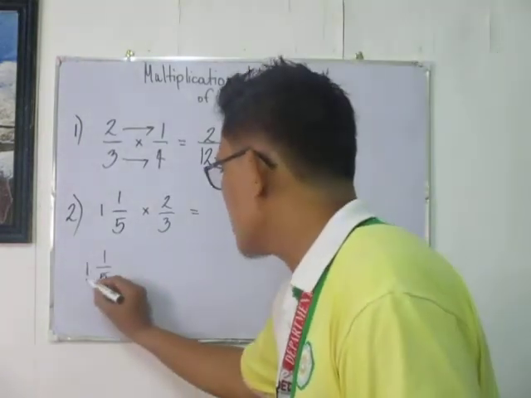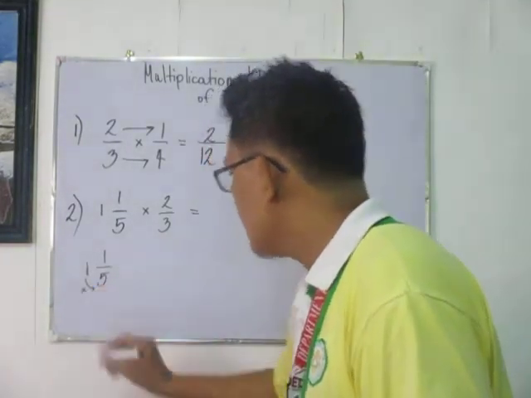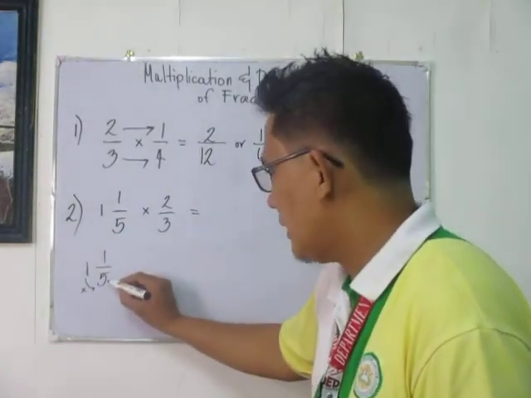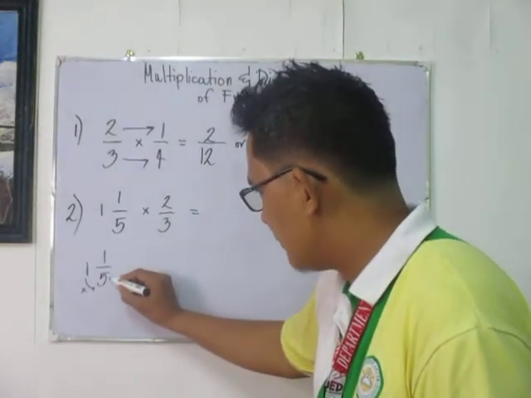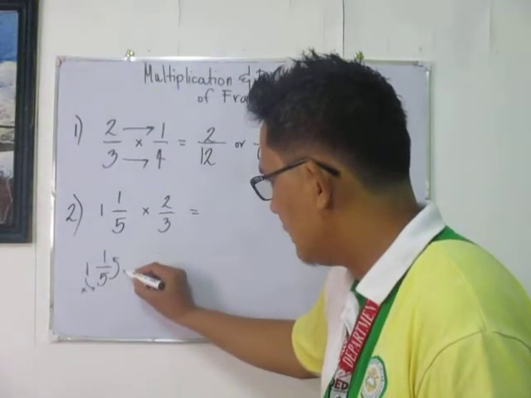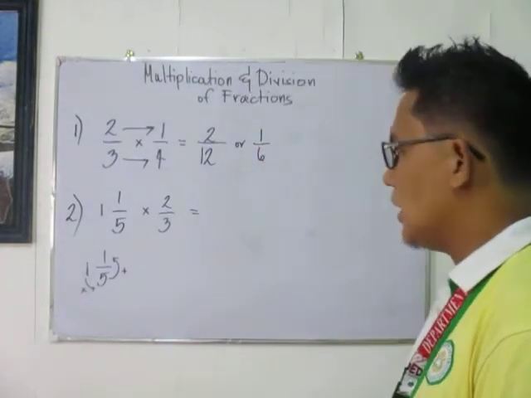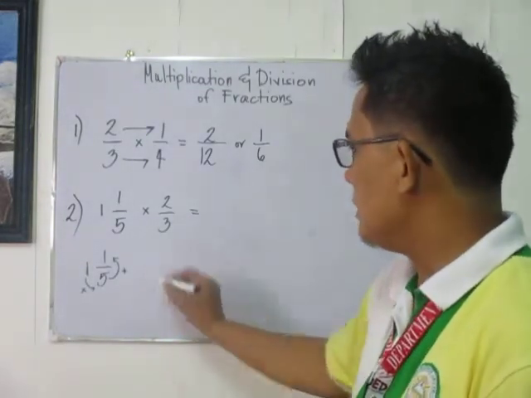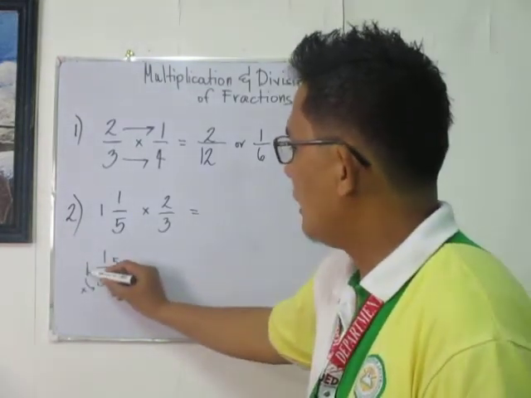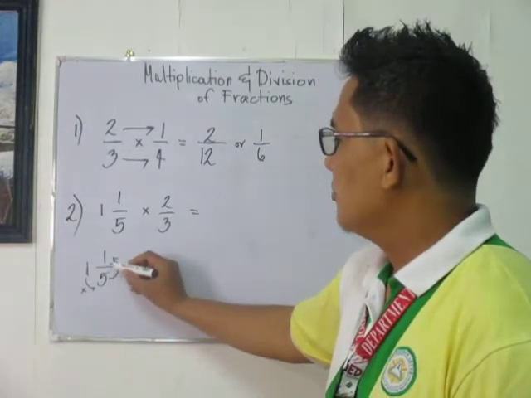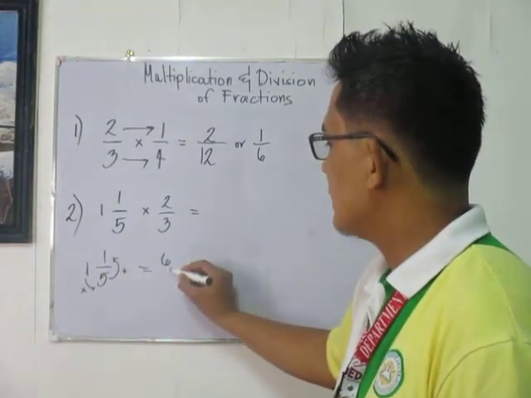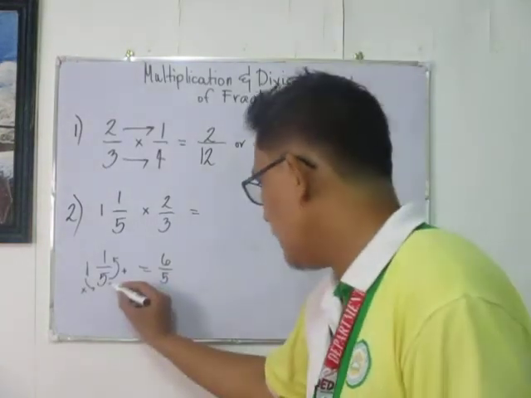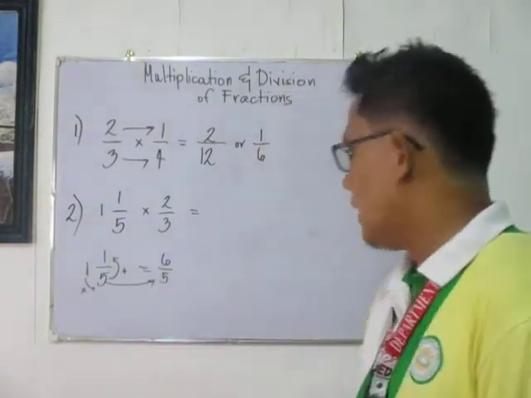So that is 1 times 5, and our product is 5. Then the operation is addition: add your product with the numerator, which is 1. So again, 1 times 5 is 5, plus 1 is 6. Then copy our denominator, which is 5.